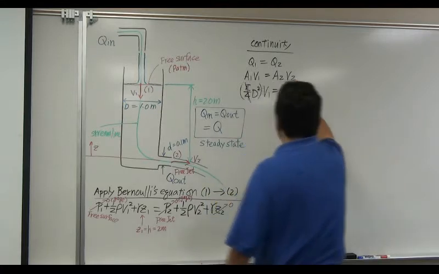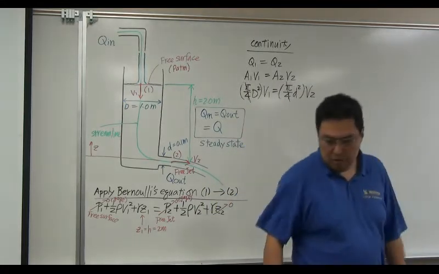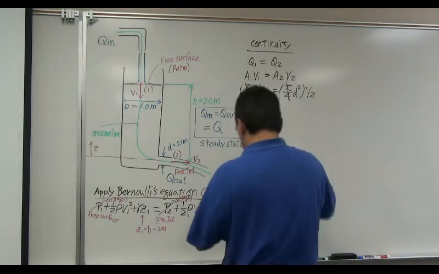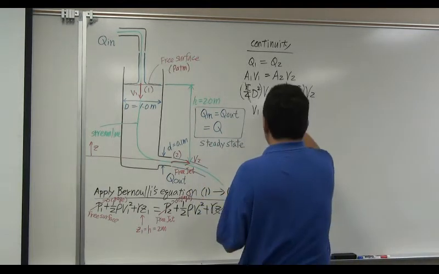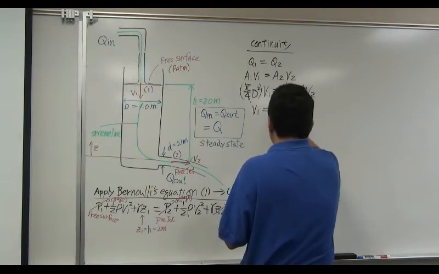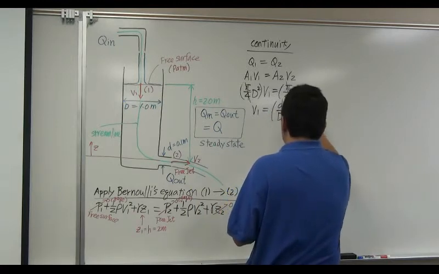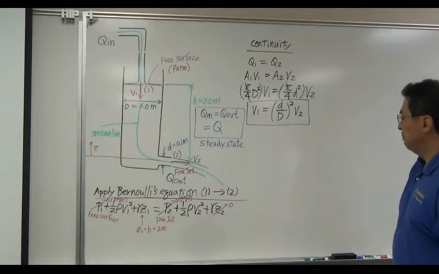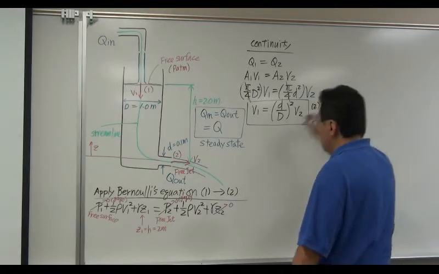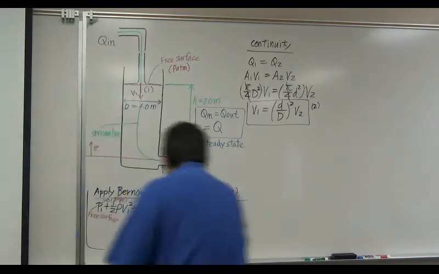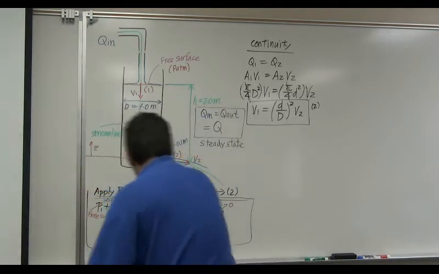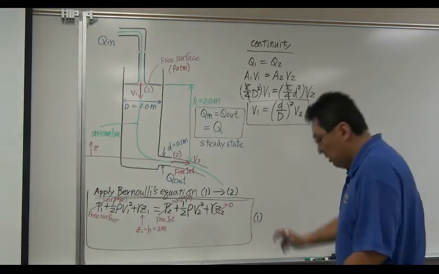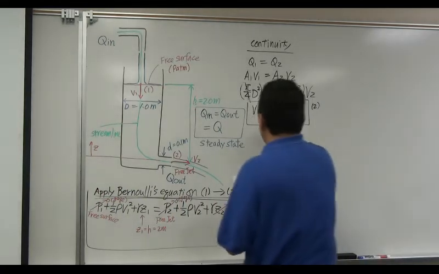Pi over 4 cancels. So this is going to give you the relationship between velocity v1 and v2. v1 is equal to (d over D) squared times v2. So let's call this equation 2, this is equation 1. Can we combine equation 1 and 2? Yes, we can. So let's combine it.